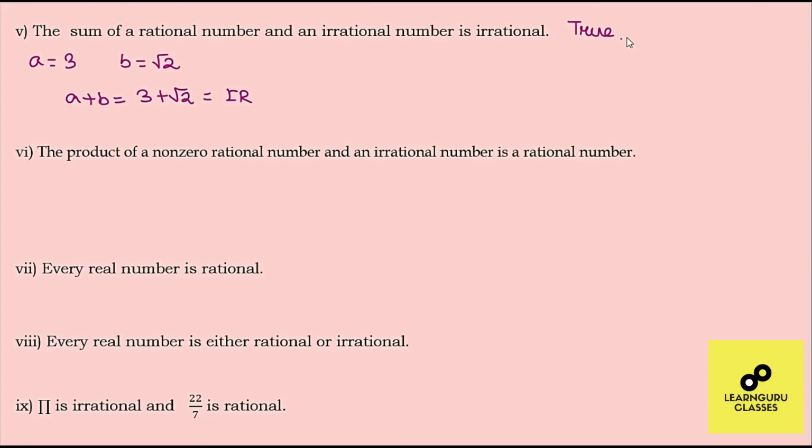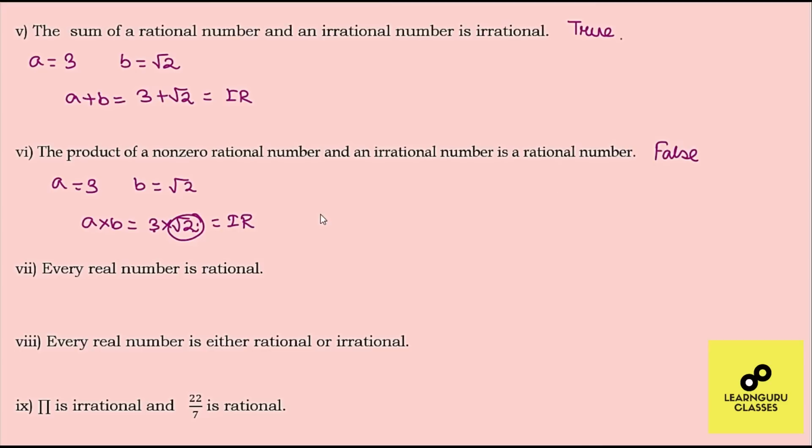A equal to 3, suppose b equal to root 2. So a into b is 3 into root 2. Root 2 is an irrational number, so if you multiply this irrational number with a rational number, it will give you an irrational number. So the statement is false because it will always give you an irrational number.